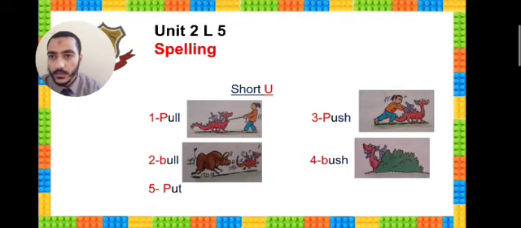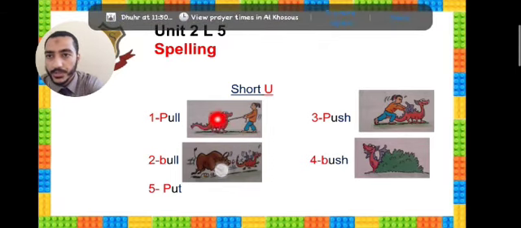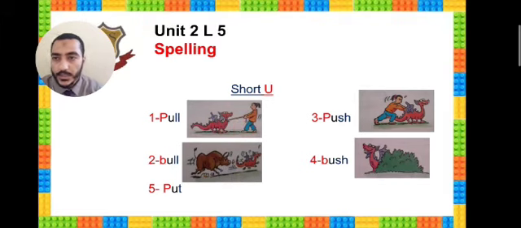As you see in this picture, we can see a girl trying to pull a dragon. So the verb here is pull. It has short U. Pull, pull, pull.